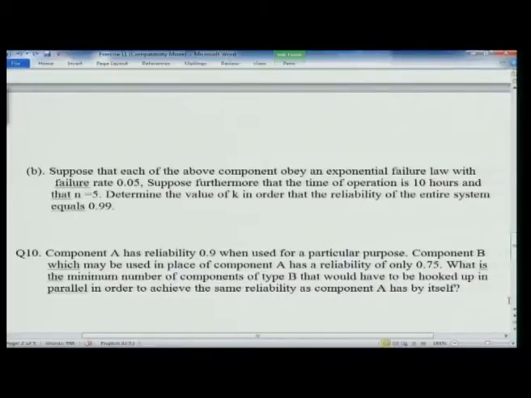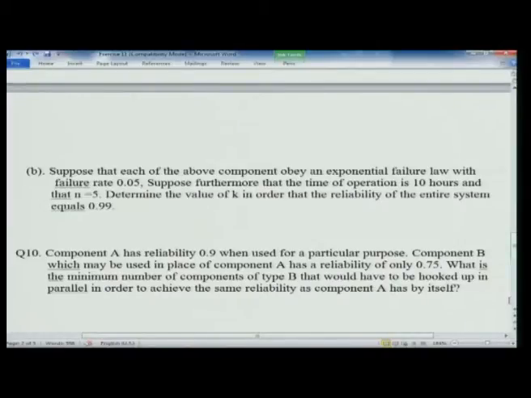Okay. Now I am saying that suppose each of the above components obeys an exponential failure law with failure rate 0.05. Suppose furthermore that the time of operation is 10 hours and that n is 5. Now I have given you the numbers, and determine the value of k in order that the reliability of the entire system equals 0.99.